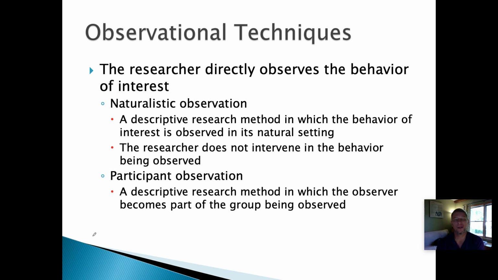All right, and so that's the difference between naturalistic observation and participant observation. But again, both observational techniques, generally speaking, you're not trying to specifically manipulate a given variable in order to record the results on another variable. All right, you're just making observations.